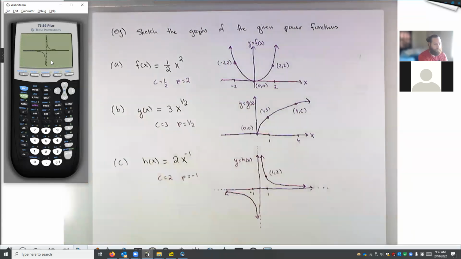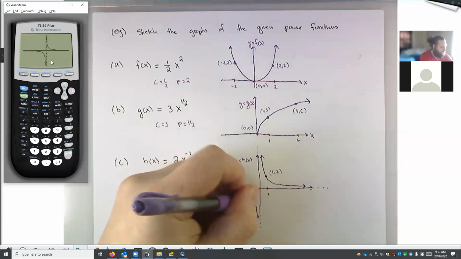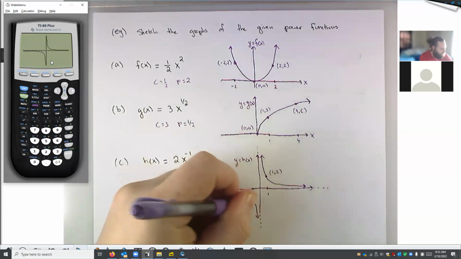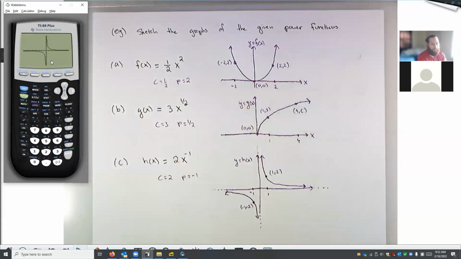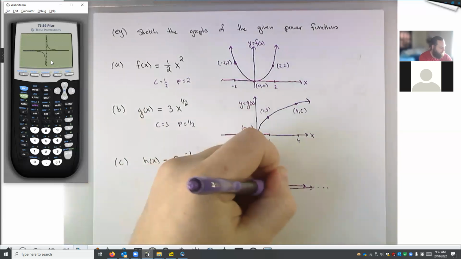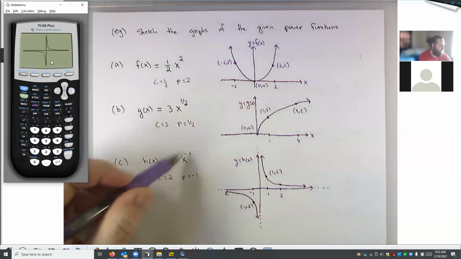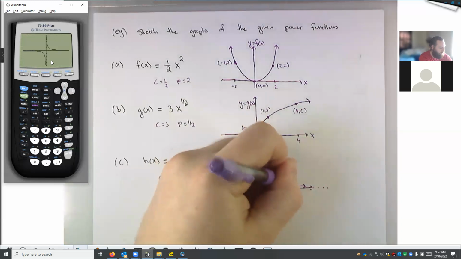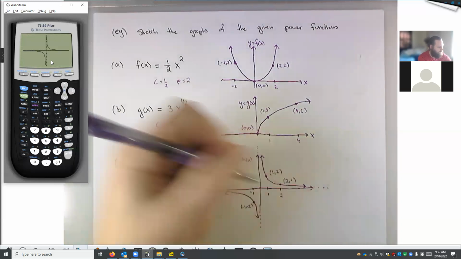If this is x equals negative 1, then down here, this point would be negative 1, negative 2. If we come out here on the x-axis to 2, 2 to the negative first power is 1/2. 1/2 times 2 is positive 1. So this would be the point 2, 1.